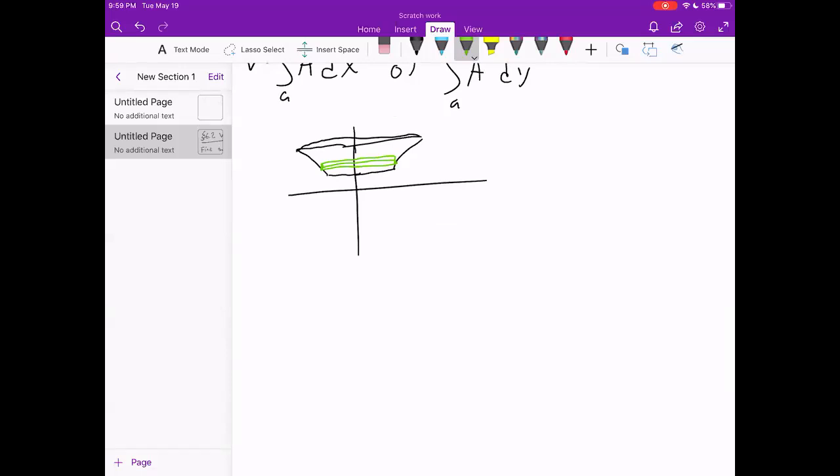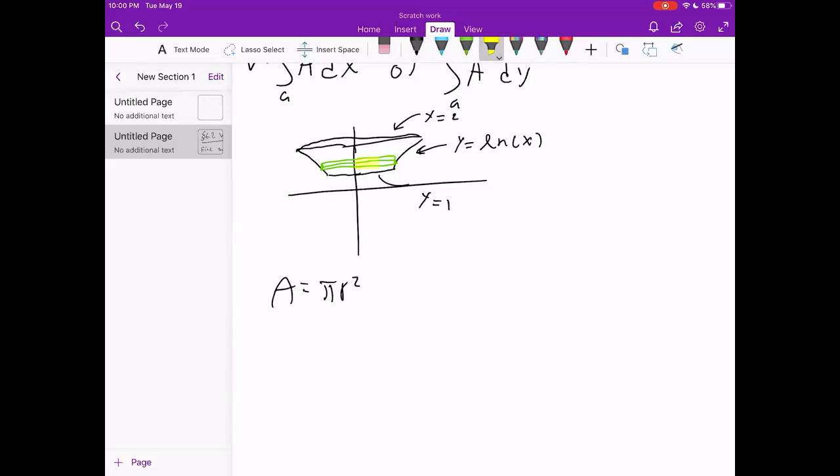Okay, so let me label. This was y equals ln x. This line right here was y equals 1. And this line up here was y equals 2. So I'm just drawing all my stuff. Okay, so what we're going to do is use discs. The area of the disc is pi r squared, so I need to figure out my radius.